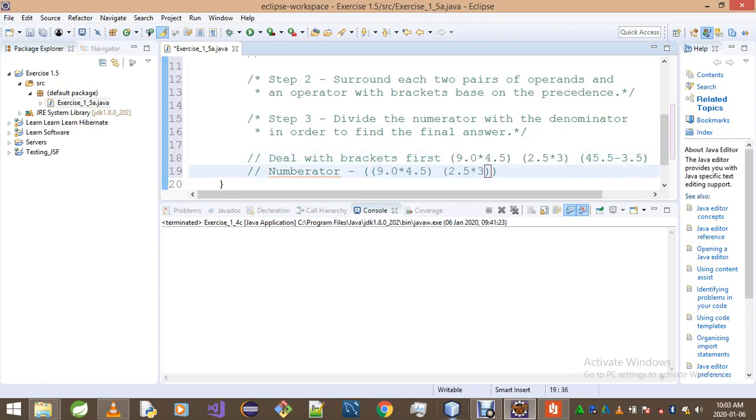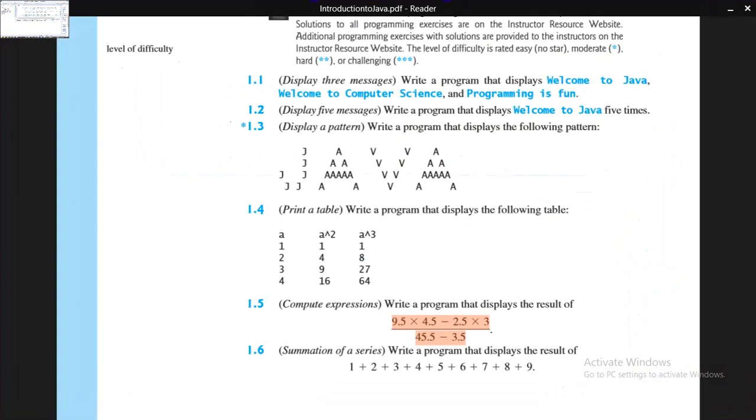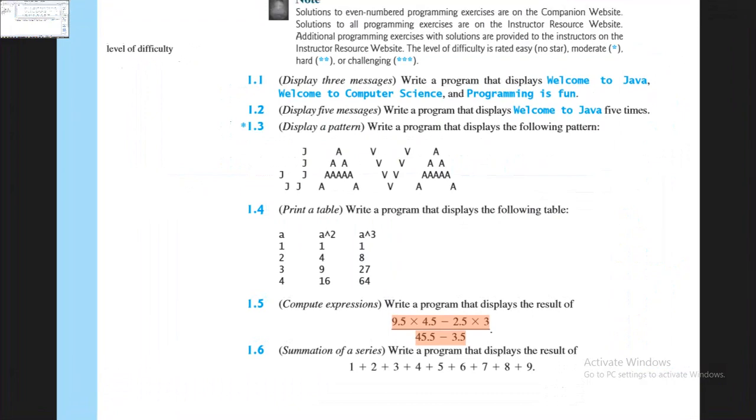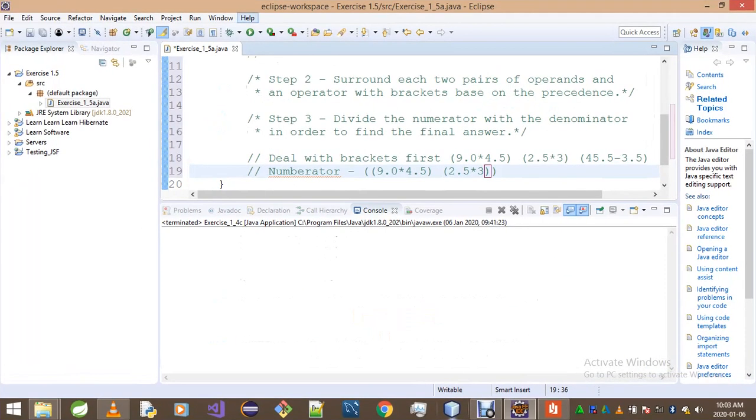It's 9.0 multiplied by 4.5 minus 2.5 multiplied by 3.